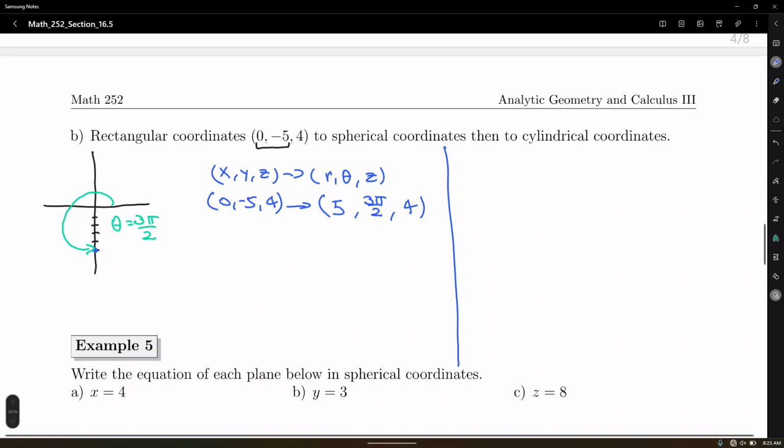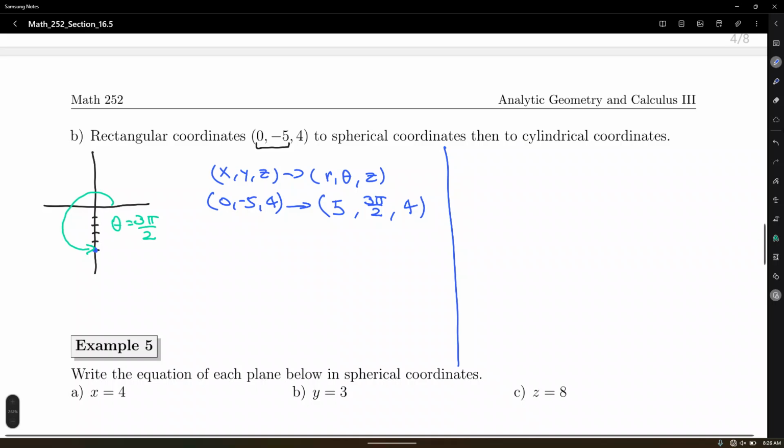So what are we going to do? The polar angle is already there. We need to figure out rho, that's the radius of the sphere, not the radius of the circle, the radius of the sphere, which may or may not be the same. And we will need to figure out the azimuthal angle.